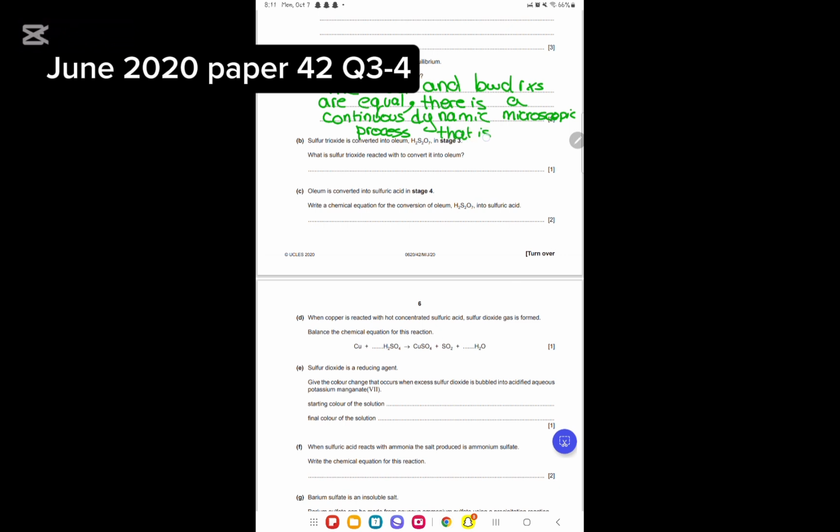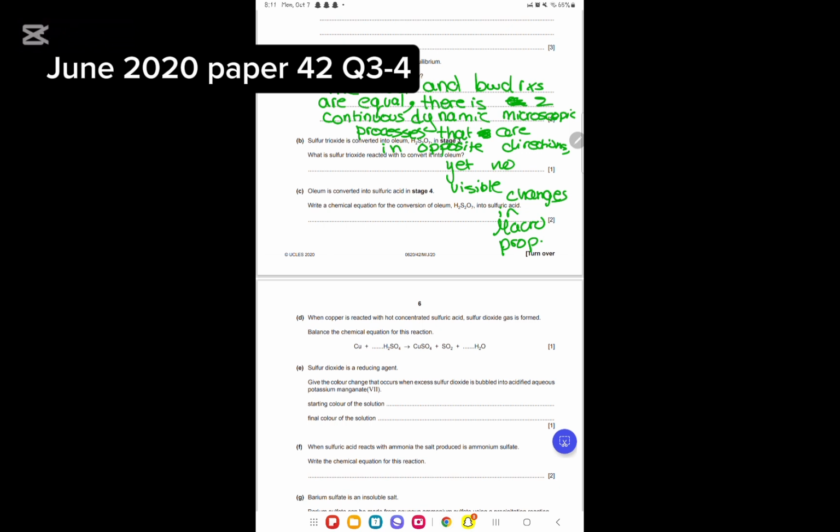There are actually 2 continuous dynamic microscopic processes that are in opposite directions, yet no visible changes or no changes in macroscopic properties. So let me explain this.